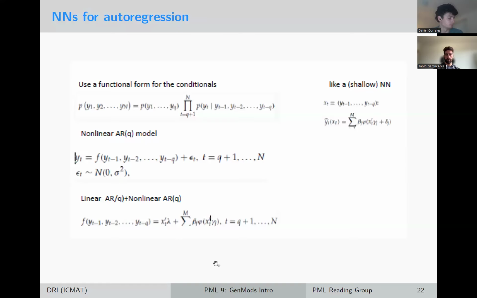The idea is that we would like to explain as much as possible of the forecast through the linear term, and there could be data features that we are not able to predict properly with the linear part, so we add a nonlinear part, which in this case is a shallow neural network.